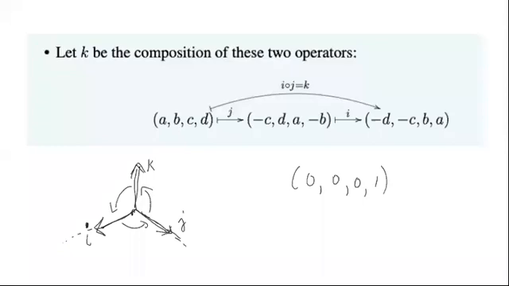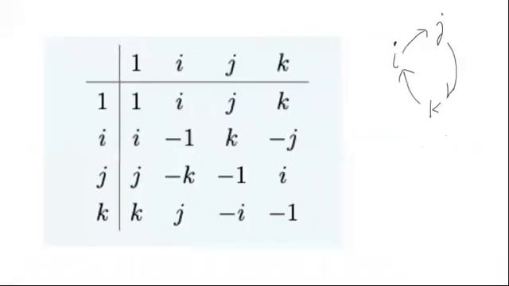Okay, let's keep going. These i, j, and k's work very nicely together. i squared, j squared, k squared is always equal to -1, and we can do i times j, get k in that particular way as we define what k is.